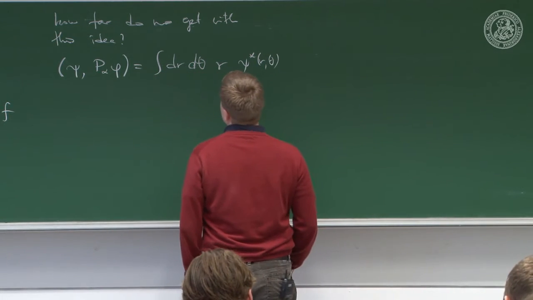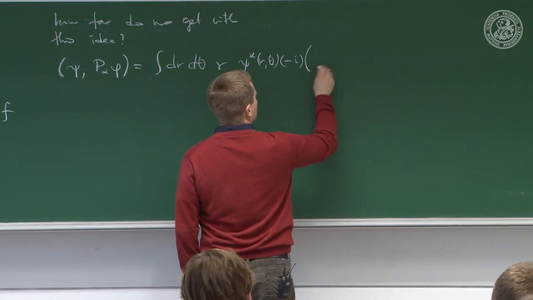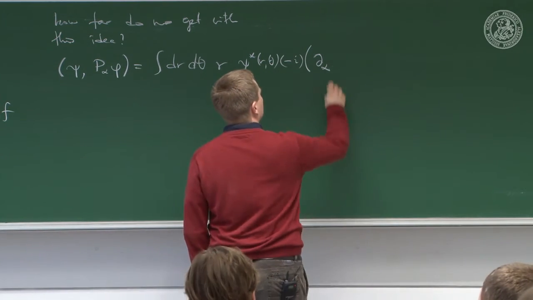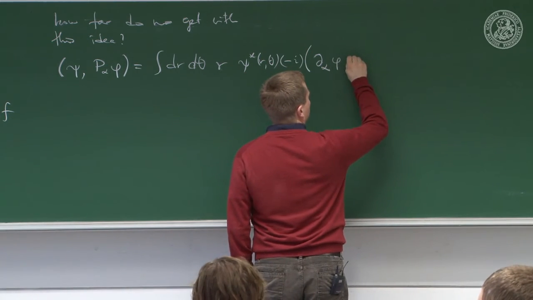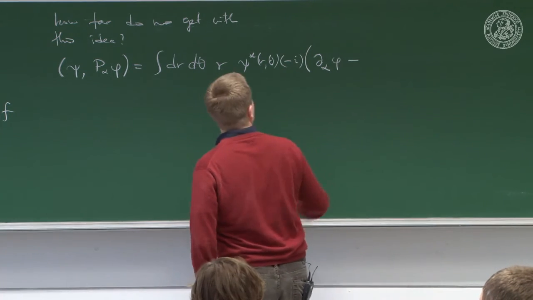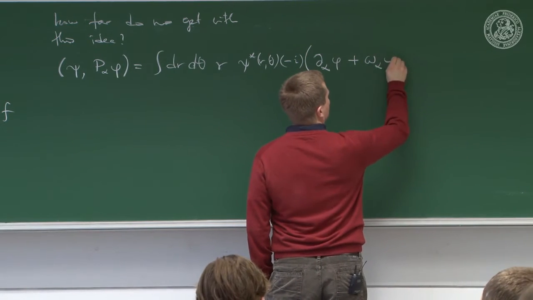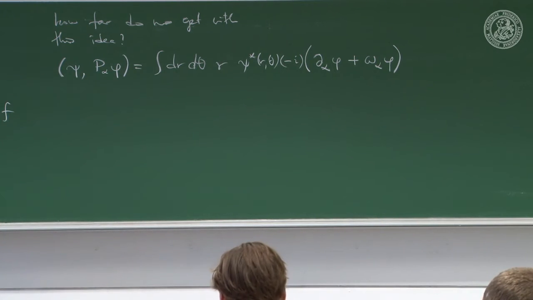But now the derivative here is minus I times del alpha, the trivial action on phi, plus some omega alpha, which we're going to determine, acting on phi.